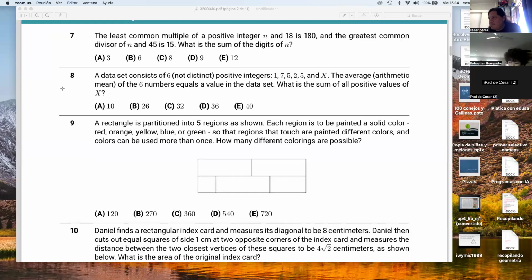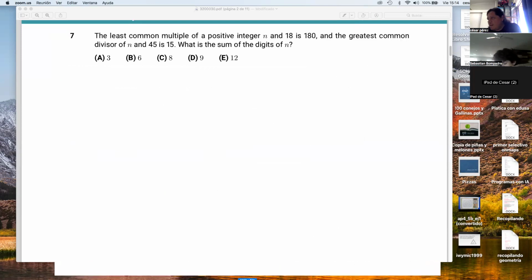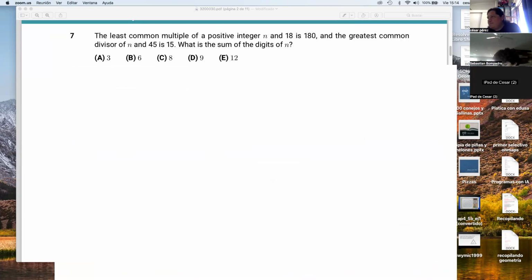What number is the smallest number that is a multiple of both? Yes. So we can work with problem number 7.